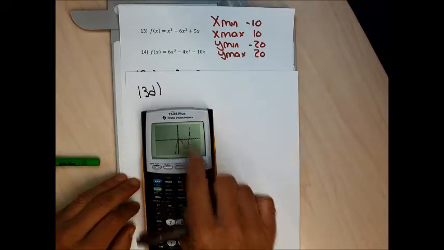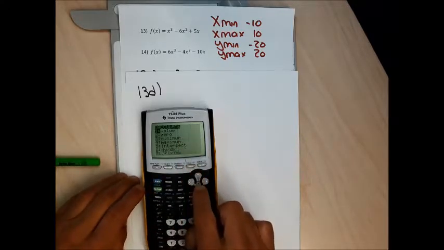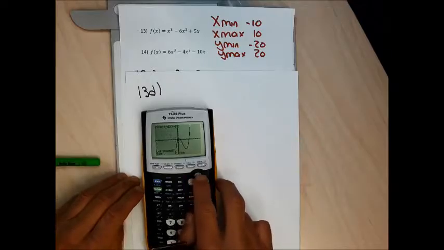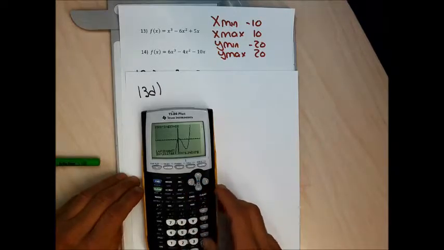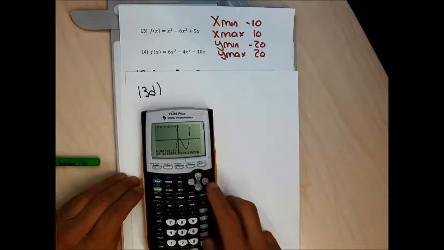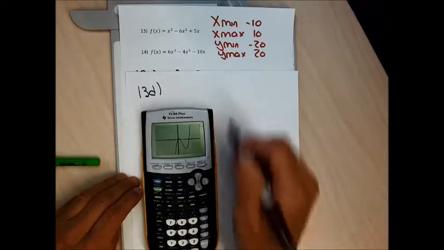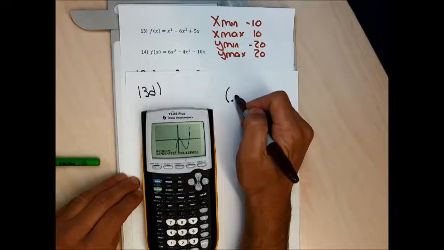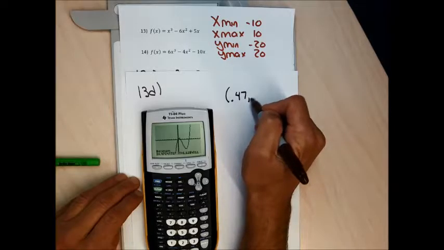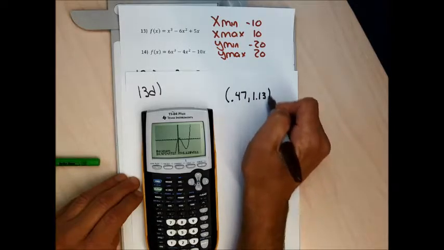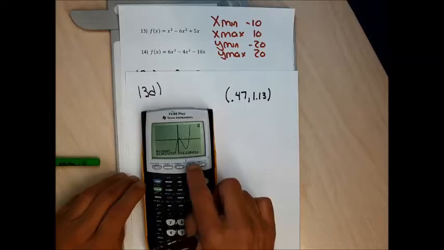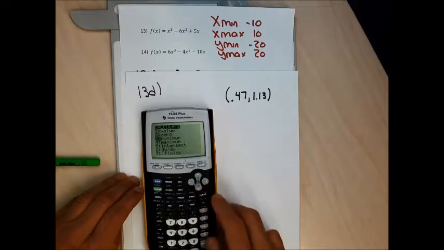I'm going to get 2 turning points. Second calc, maximum for the left turning point. Get to the left of it, hit enter. Get to the right of it, hit enter, and get close to it and hit enter. That turning point's the point (0.47, 1.13). The second turning point, second calc, that's a minimum point.